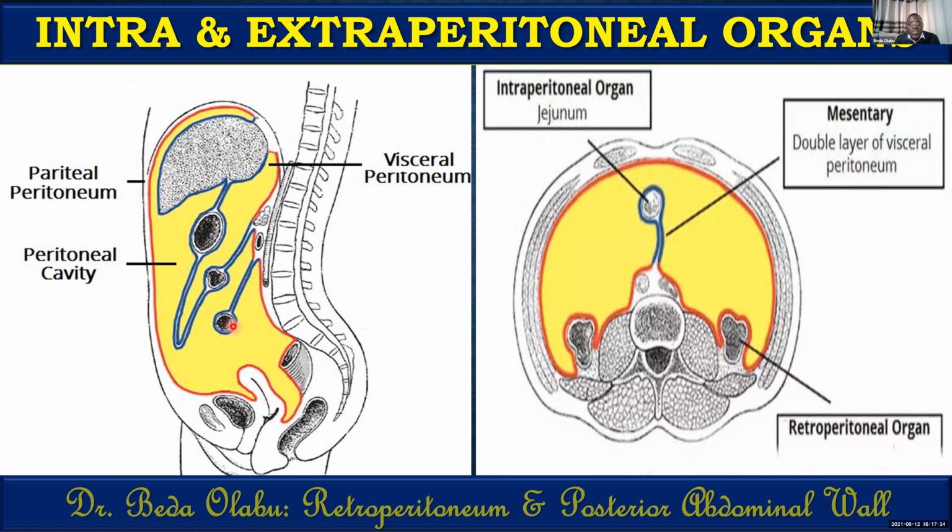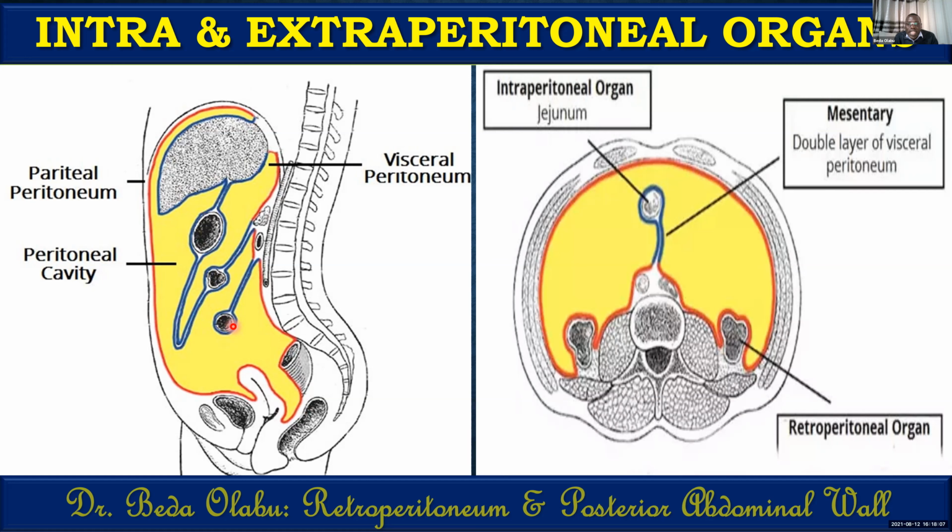Having said so, it's easier then to describe what is extraperitoneal. As the name suggests, extraperitoneal would mean an organ that is outside the peritoneum. Let's use that term to refer to organs which are not lined by visceral peritoneum. If they're not lined by visceral peritoneum, then they are extraperitoneal.